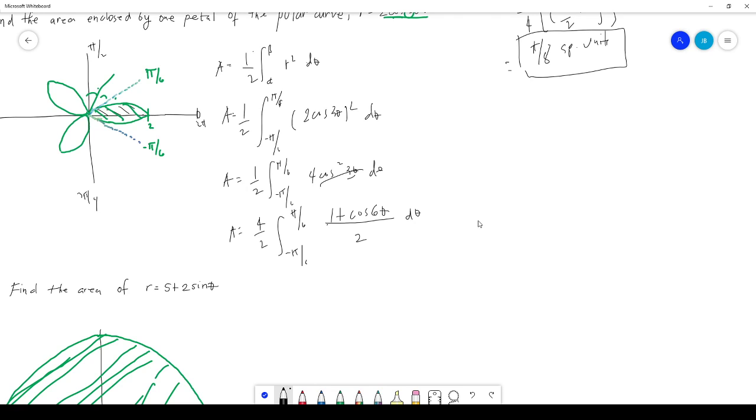Okay, can we integrate it now? Yes, we can. So 4 over 2 is 2. 2 over 2 is 1. Therefore, the constants will now be gone. So area is equal to the integral from negative pi over 6 to pi over 6 of 1 plus cosine 6 theta d theta.